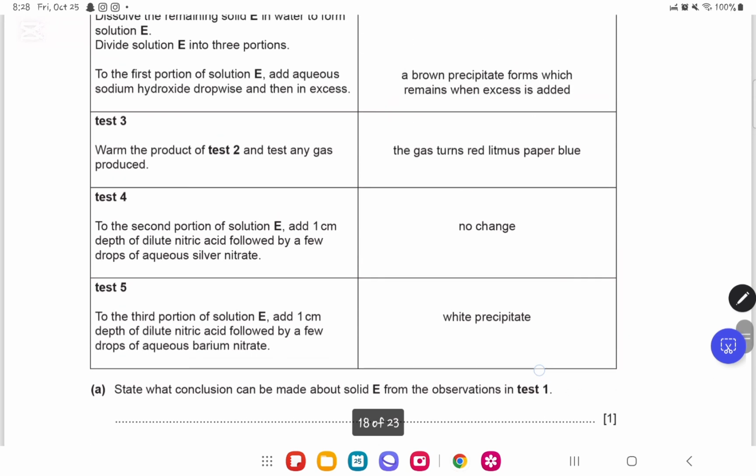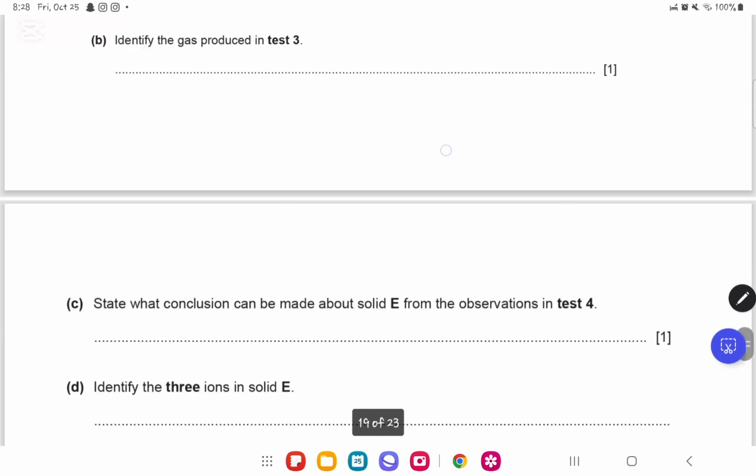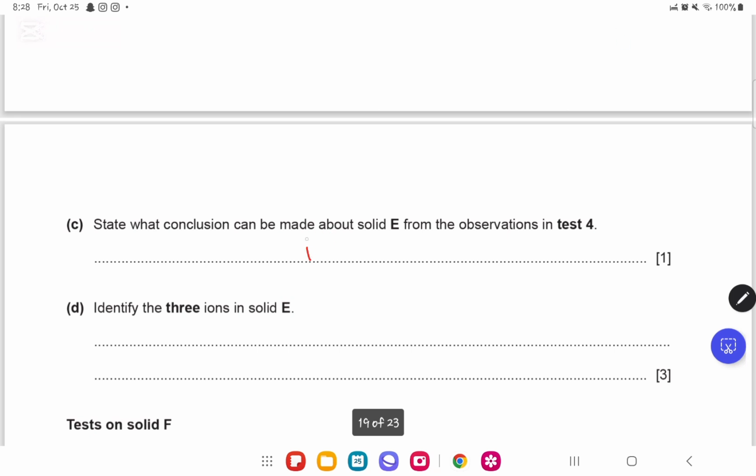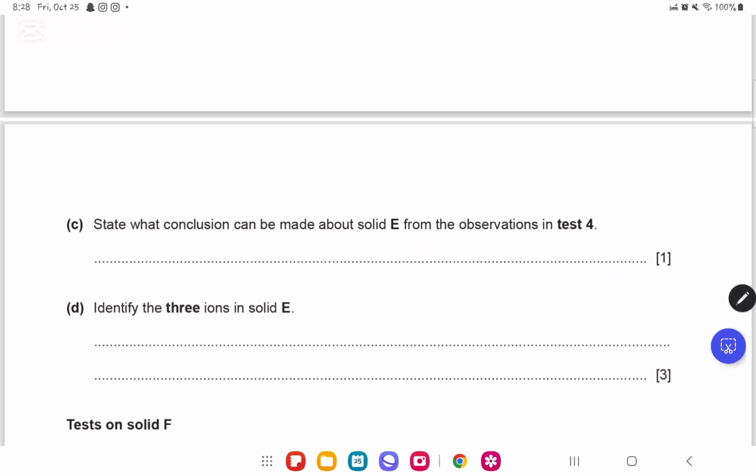So if we go up, we see that there was no change after adding silver nitrate. And we said that means that it doesn't contain Cl minus, Br minus, or I minus. So definitely this is solid E.